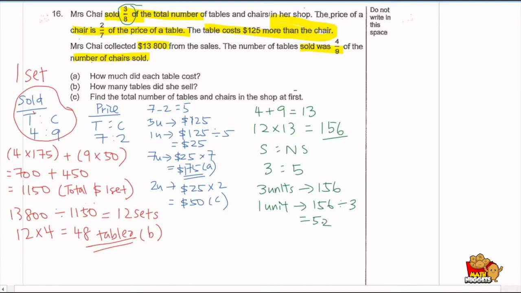The question wants us to find the total tables and chairs, which is 8 units. So we take 52 times 8, 416. This is the answer for part C.